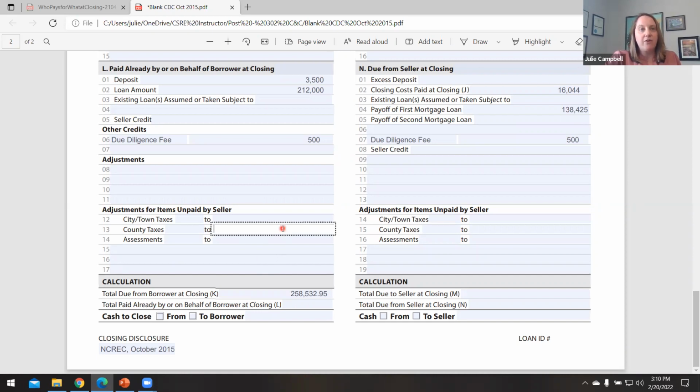And then we add up all their credits. L is in Larry. So we got their earnest money deposit is a credit, their loan amount is a credit, and their due diligence is a credit. We add up all their credits.